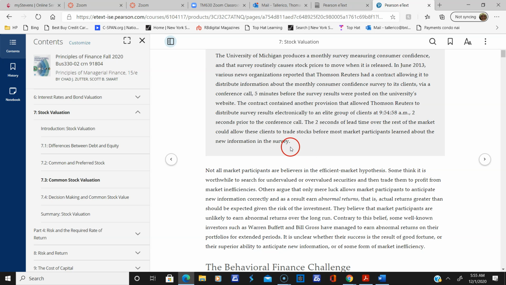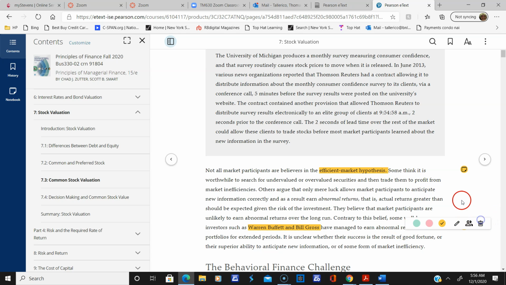All right. So we have this idea of an efficient market hypothesis where prices are determined, basically making the market most efficient because of price discovery. And you'll always have people out there who do research and look for undervalued or overvalued stock, such as Warren Buffett and Bill Gross, famous fund managers.